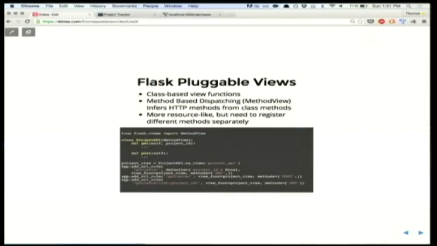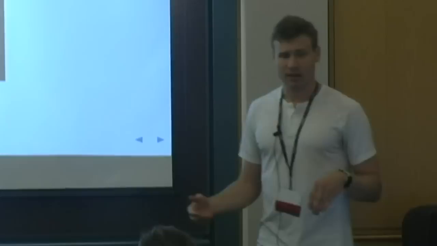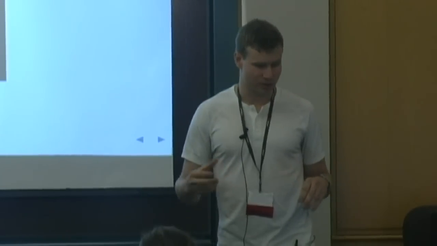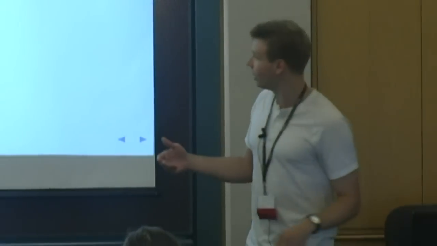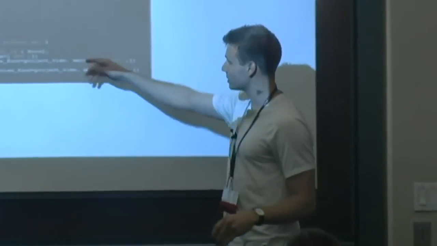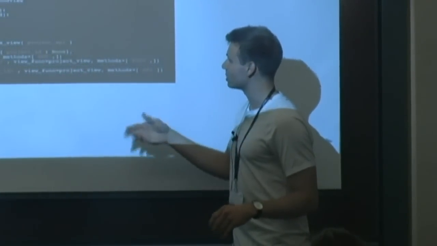Now you can name your functions in that class whatever you want, but in method-based dispatching, the name of your function in your class definition maps to the HTTP method that function is run on when a client hits the route that's registered with the class.